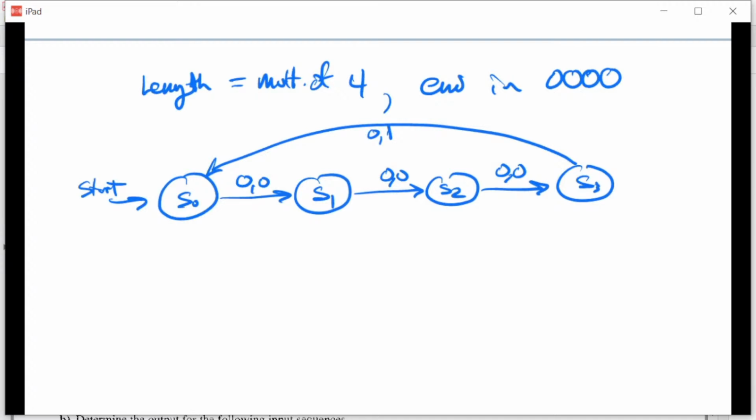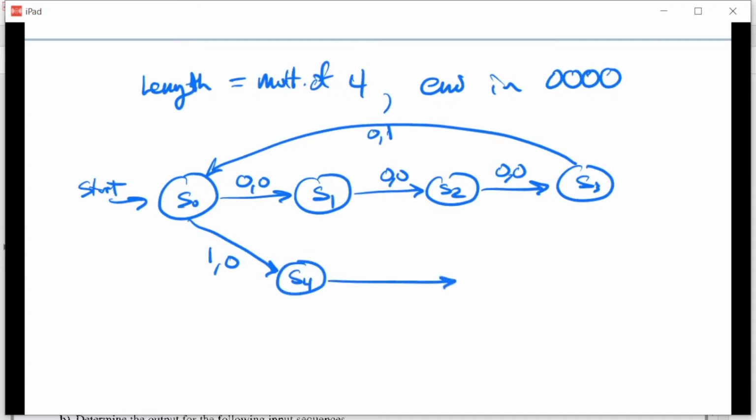So now let's deal with multiples of 4. In order to account for multiples of 4, basically I need to go somewhere else down here and count the number of bits that we're going to encounter, and only go back here when I've hit a multiple of 4, so that I can begin the count again to keep track of the 0, 0. So I'm going to go down here. If I get a 1, of course I'm not going to, so this is S3, S4.